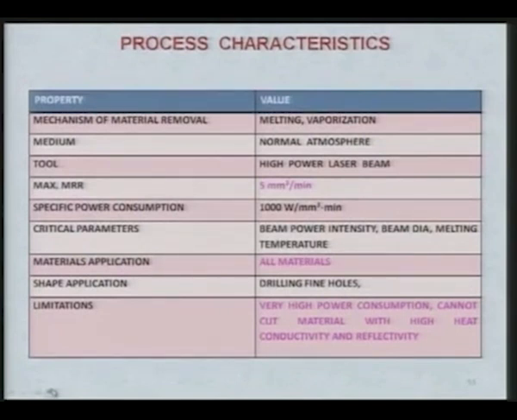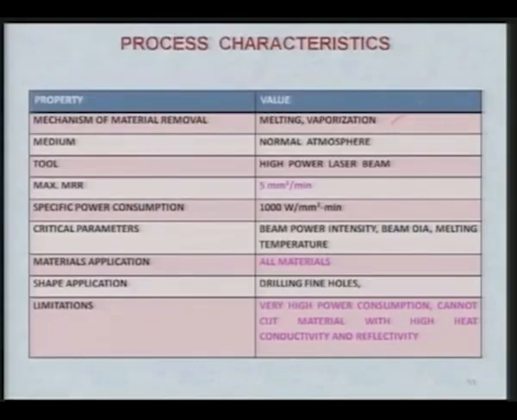Property of the process characteristics of laser beam micro machining. Mechanism of material removal remains the same as in case of macro machining, that is the melting and vaporization. Medium in case of laser beam micro machining is normal atmosphere, it does not require any vacuum in the machining zone as in case of electron beam micro machining.